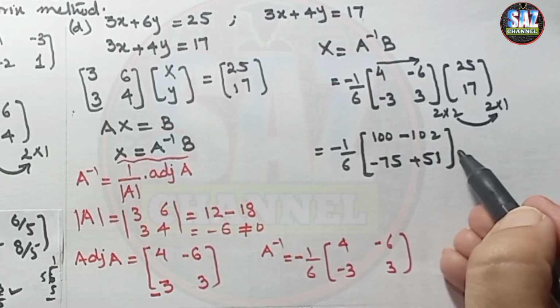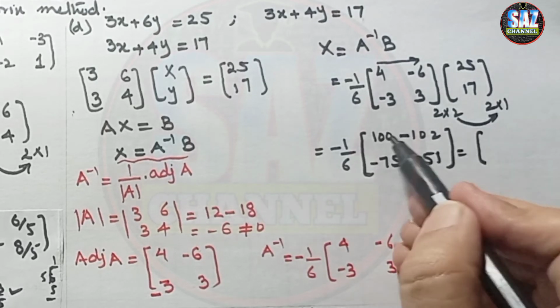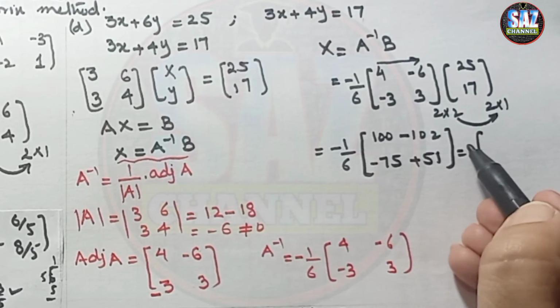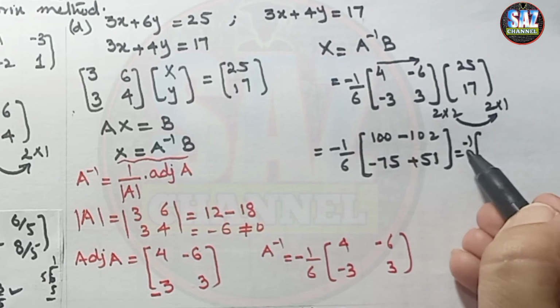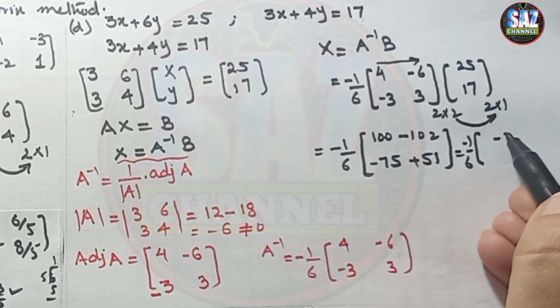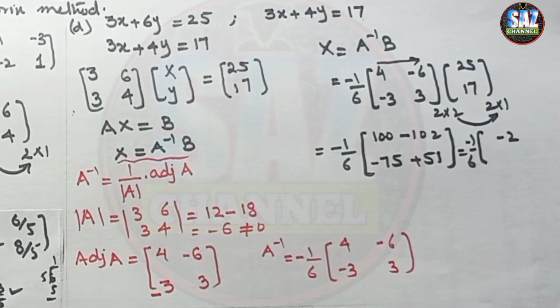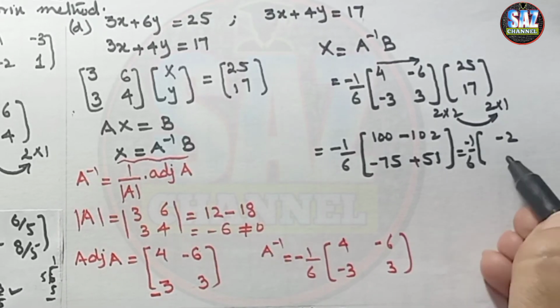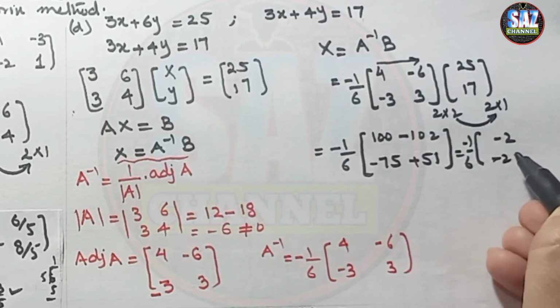Now solve these entries. 100 minus 102 is minus 2, with minus 1 by 6 outside, and 75 minus 51 gives me 24 with a minus sign.